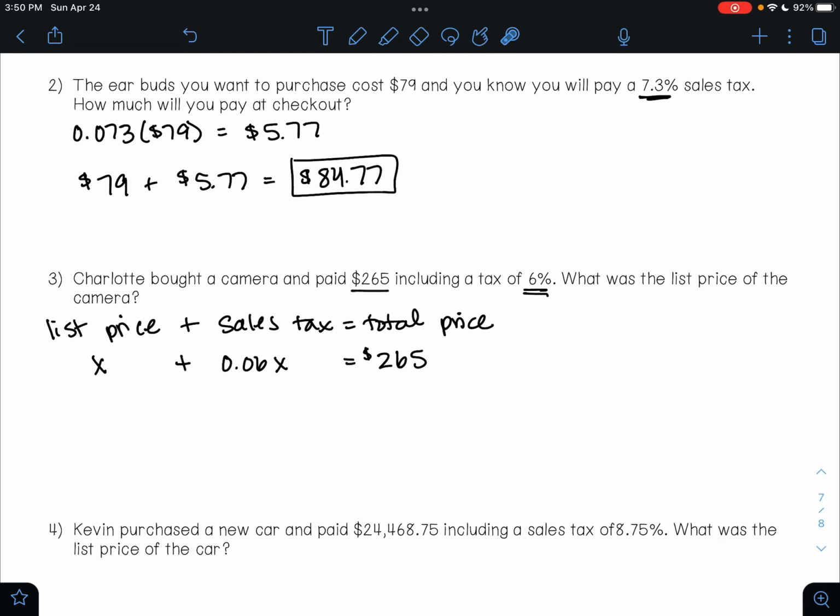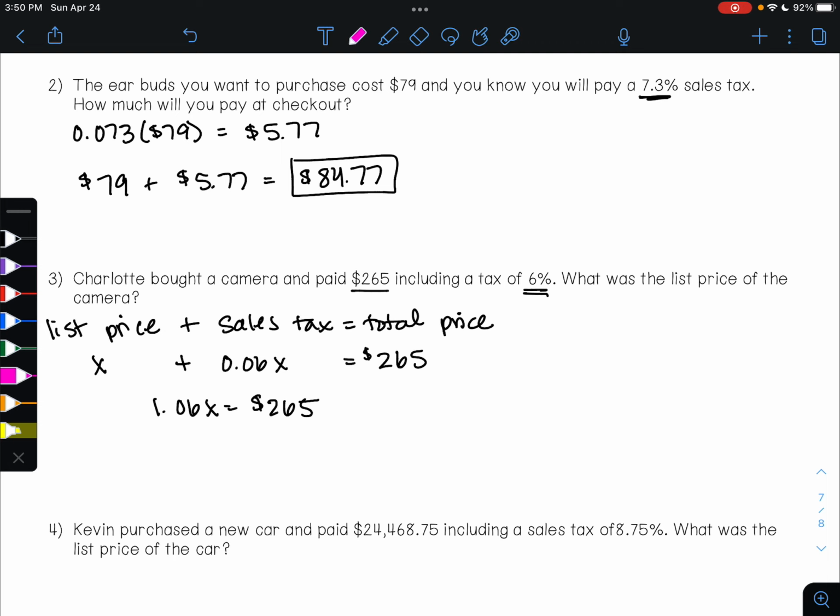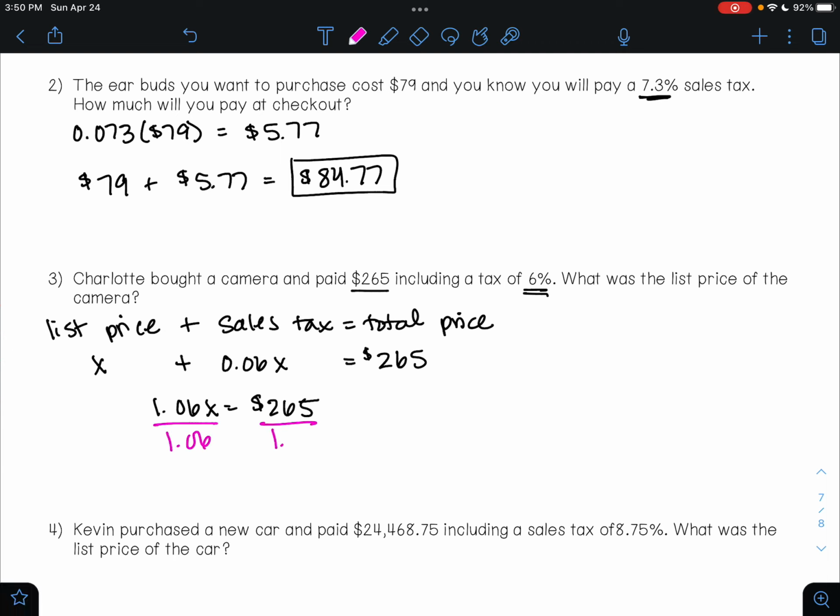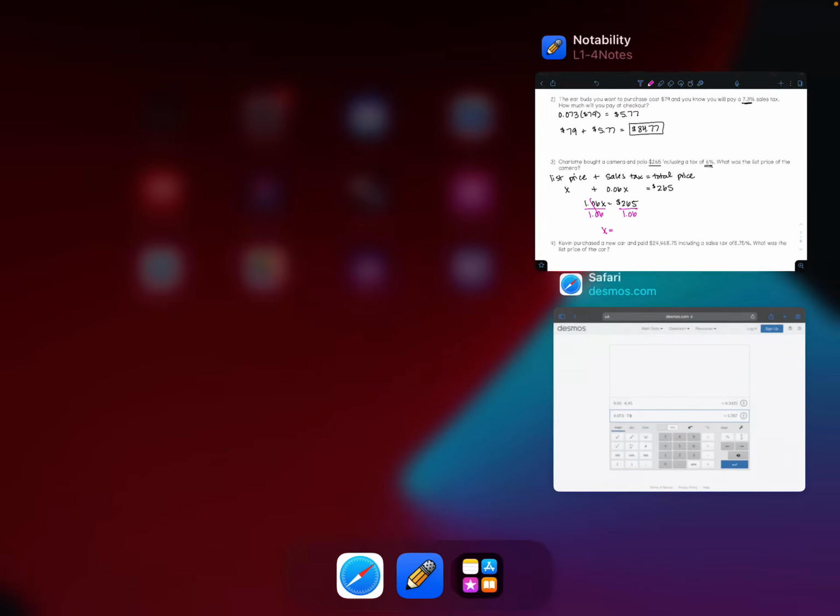So I can simplify this equation a little bit. X plus 0.06x is going to be 1.06x, which is equal to $265. To undo multiplication, I can do division and get x equals, and I can just do this in my calculator.